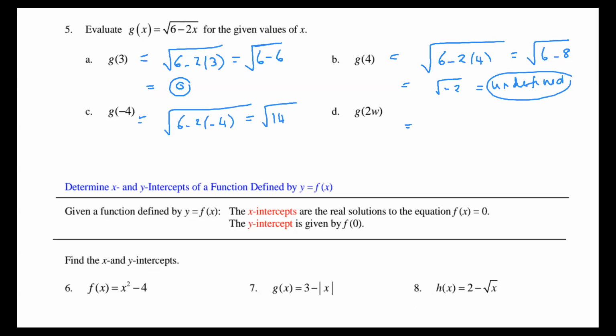And this is going to be square root of 6 minus 2 times 2w. We don't know the value of w, so we are good. So you just put 2w, not z, for w. 6 minus 4w. So this is the answer.